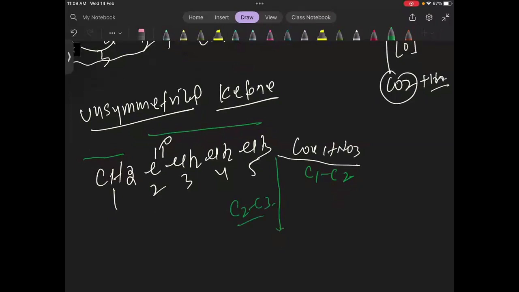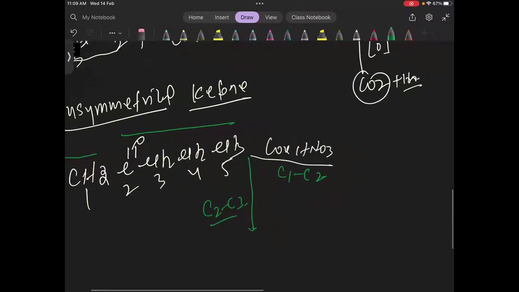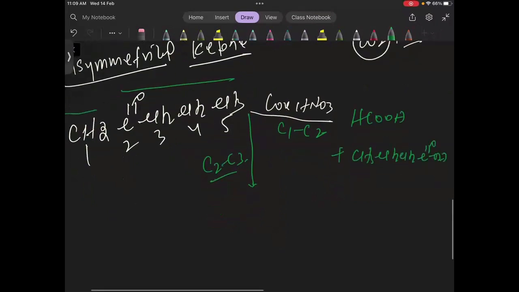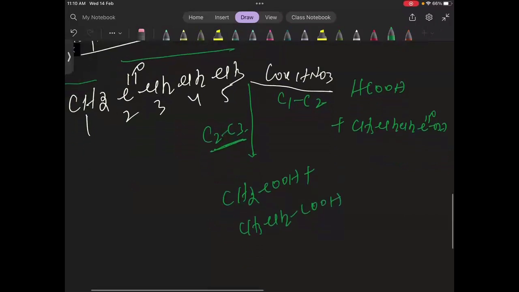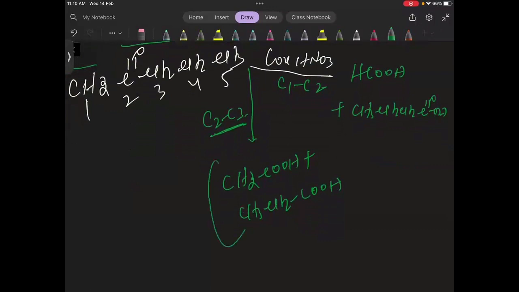So what is going to happen? From C1-C2 cleavage, first we form formic acid along with CH3CH2CH2CH2COOH. Second, from cleavage of C2-C3, we get CH3COOH and CH3CH2CH2COOH. Students, can you tell me which is the major product? Students, according to Popoff's rule, this is the major product. Why?